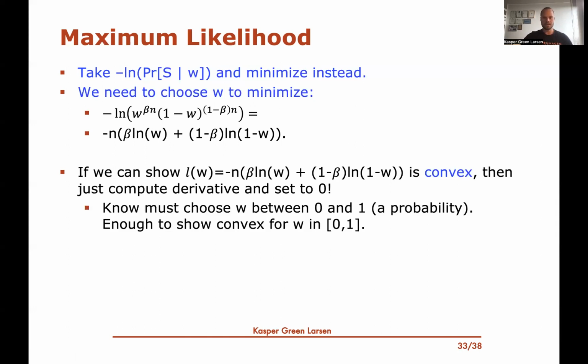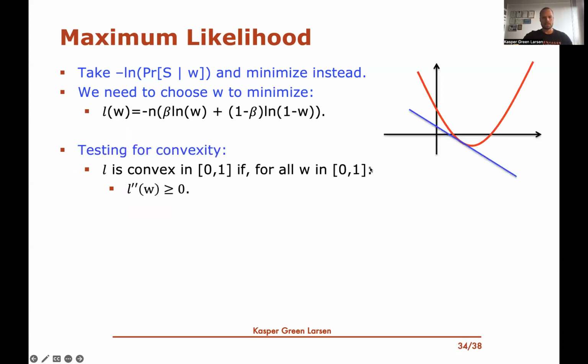For this, we'll use the third of these rules that we have. One thing to be aware of here is that we have to choose w between 0 and 1, because we're estimating a probability. So it should be enough to show that the function is convex between 0 and 1, and then try to find a place where the gradient is 0 between 0 and 1.